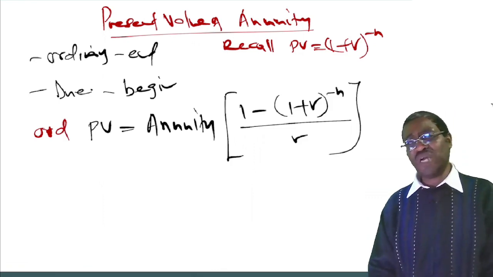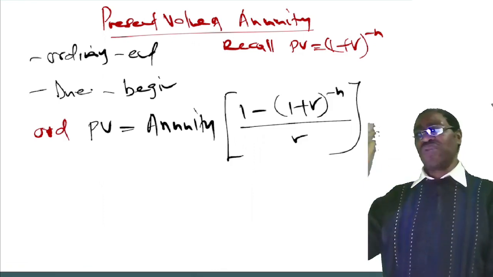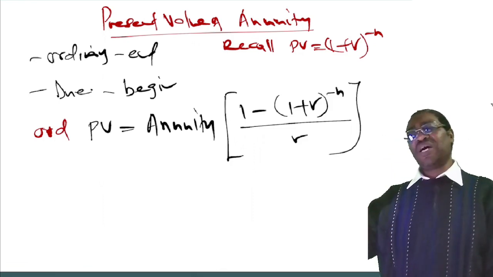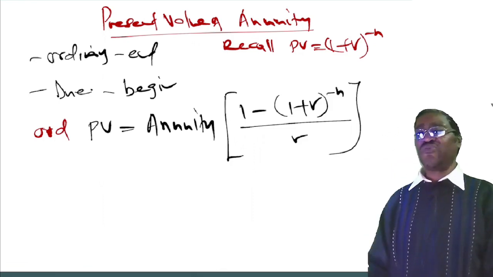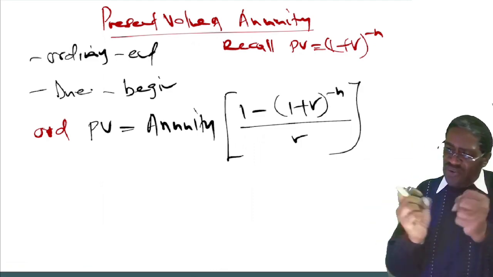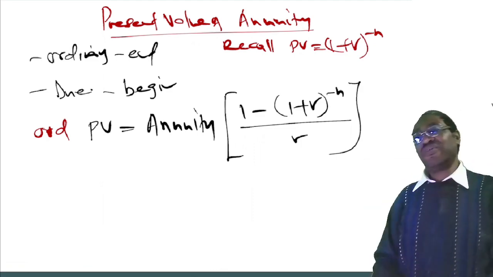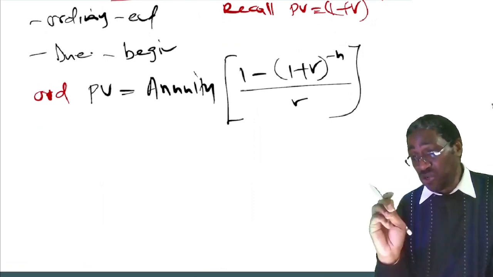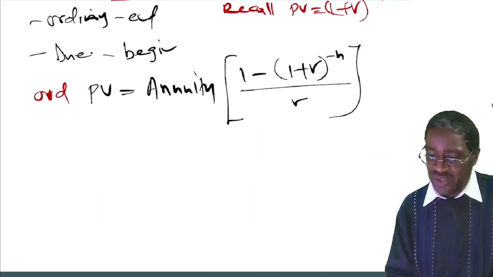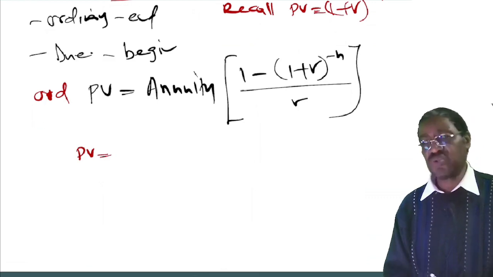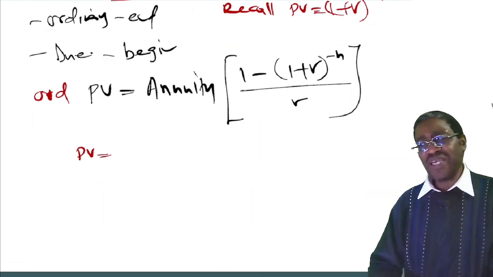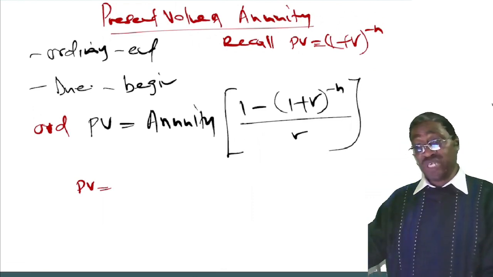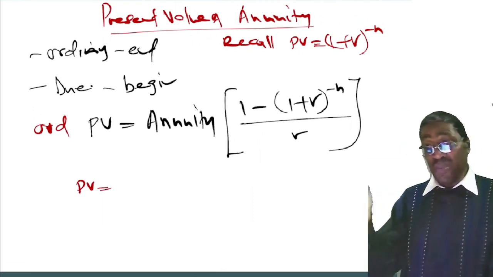If I put in 1 million at the end of year 1, another 1 million at the end of year 2, another one at the end of year 3, another 1 million at the end of year 4, what is the present value now? So if you go by the shorter one, then the present value equals what I put in by the end of year 1, what is the present value?